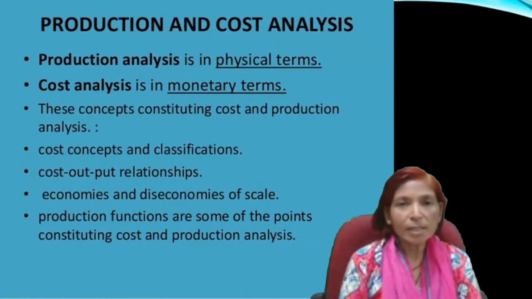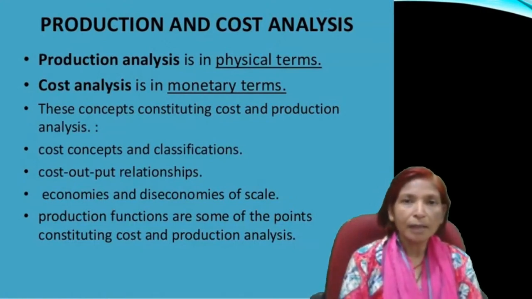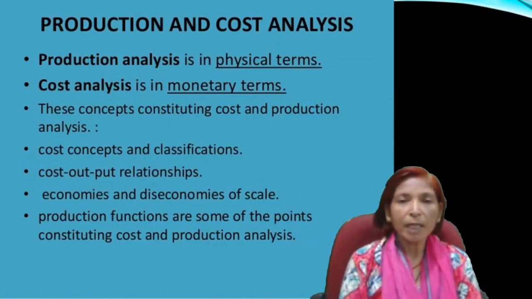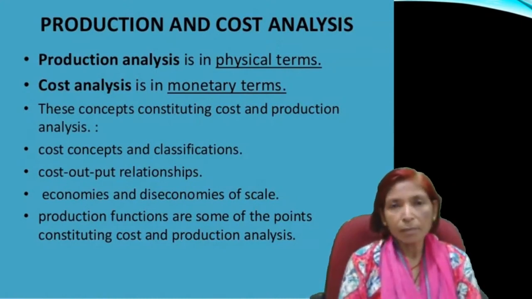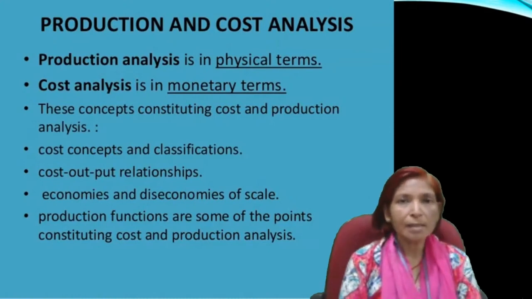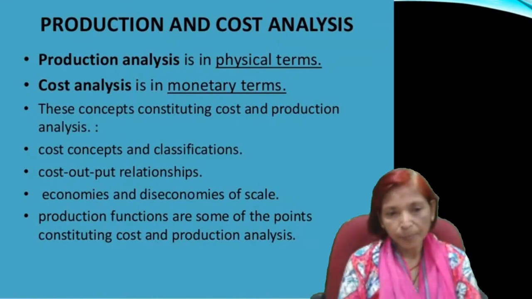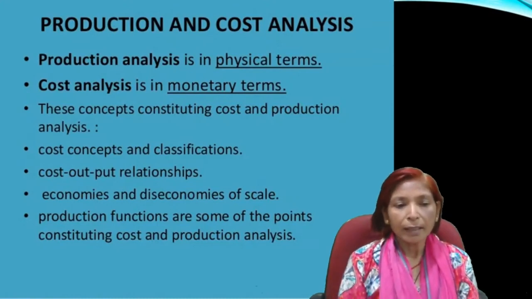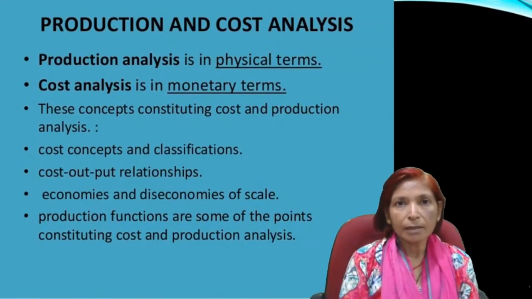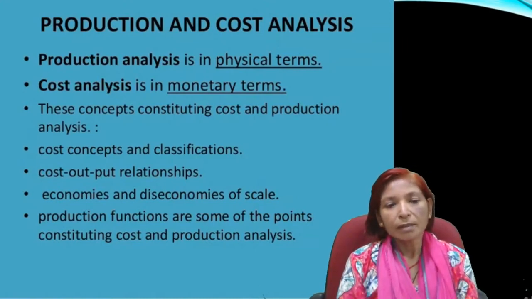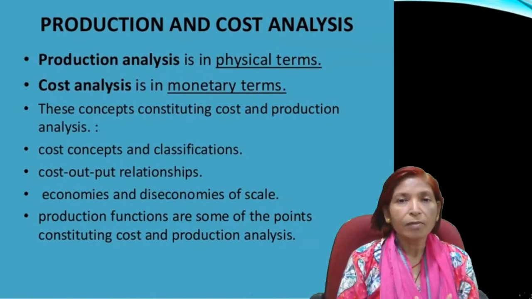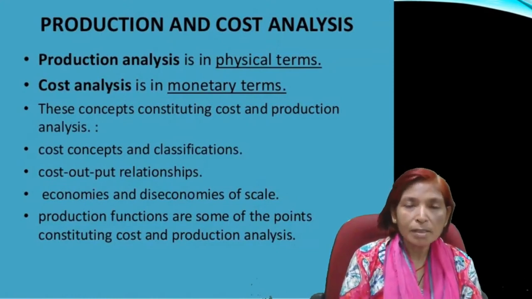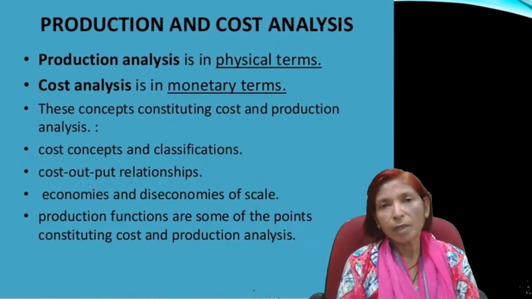When we produce goods and services in large scale, then producer will get some internal and external benefits. This is known as internal or external economies of scale. When producer get benefit by producing production in a large scale, that is called economies. And when producers suffer some losses, that is called diseconomies of scale.